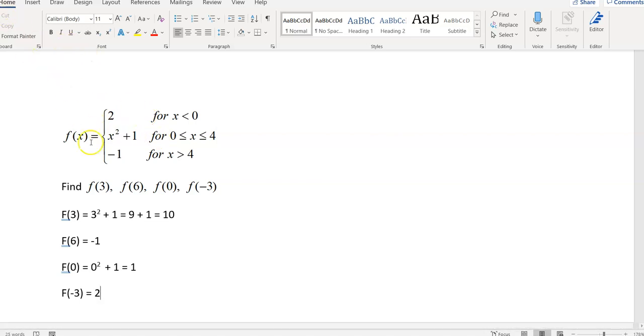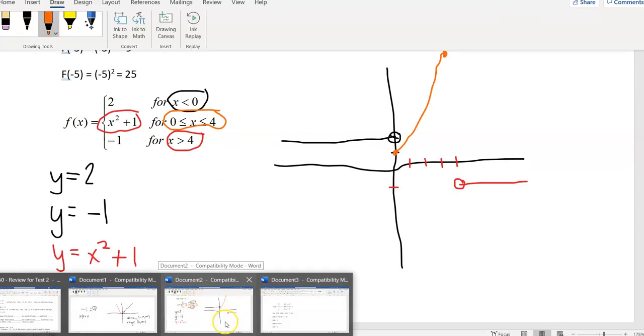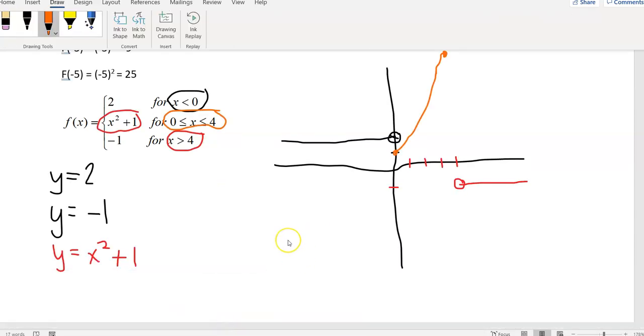All right, so let's also get our domain and range, and I'll go back to the graph we did in the previous video. Here is our graph from our previous video. And let's get the domain first. Let's think of a trash compactor crushing the graph onto the x-axis.